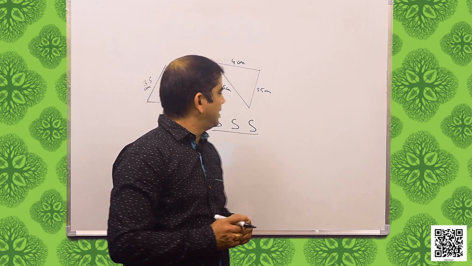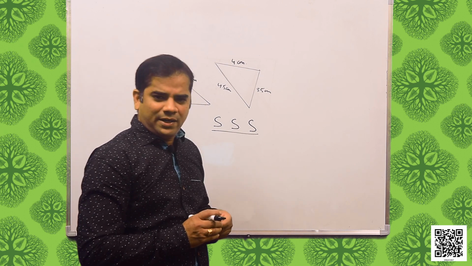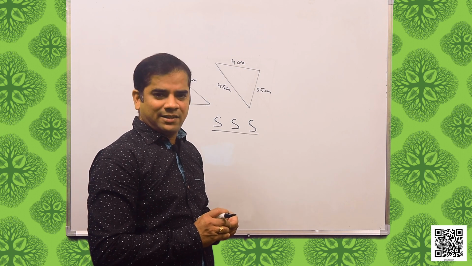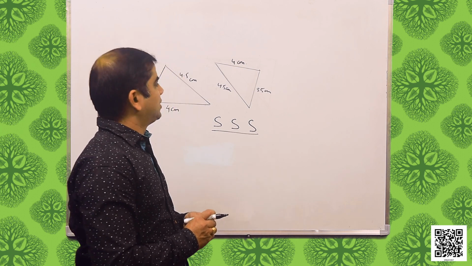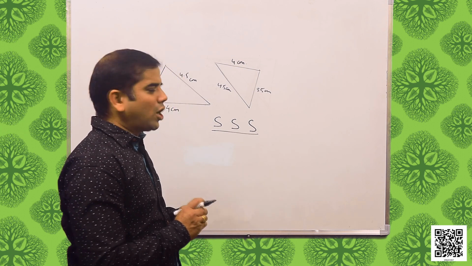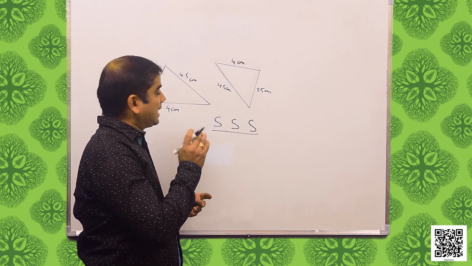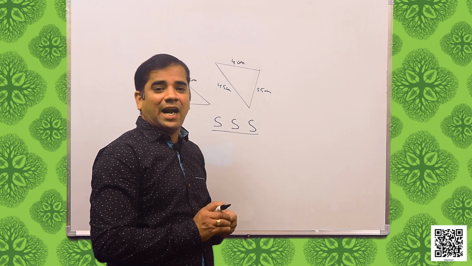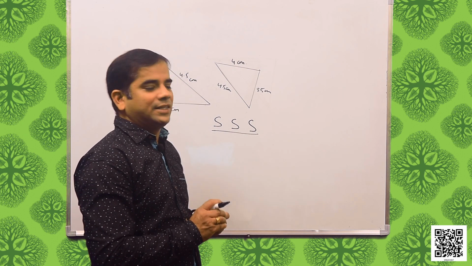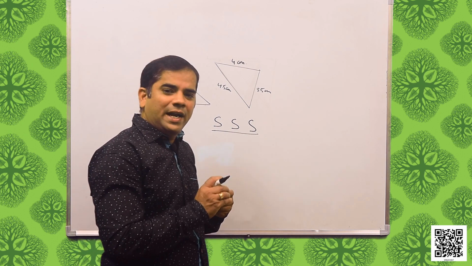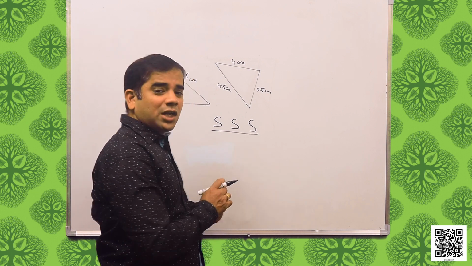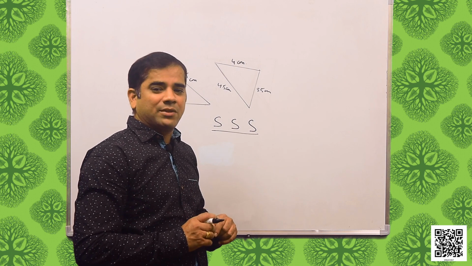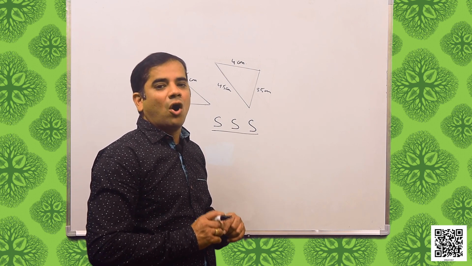We can say that two triangles are congruent when the corresponding sides are equal to each other. All the corresponding sides. It can't be true if the corresponding sides are not equal. It will be true only when the corresponding sides are equal. So that gives us another rule for congruency.